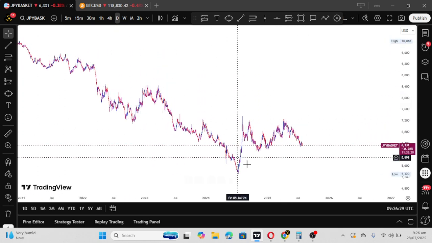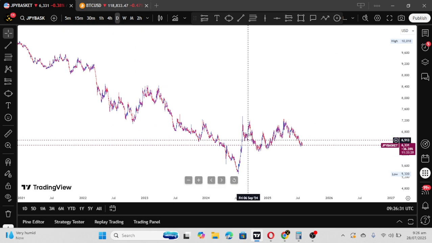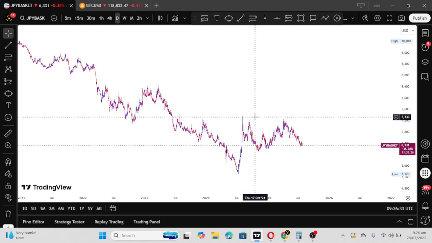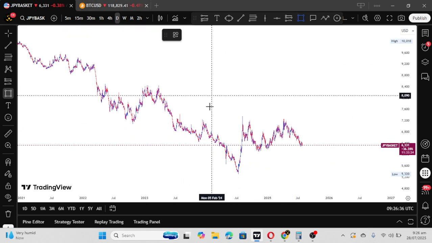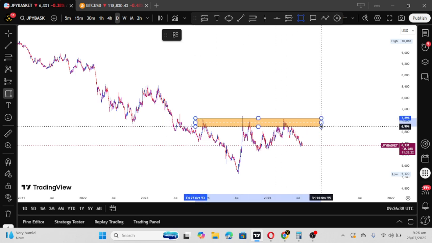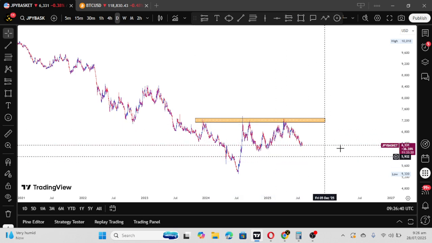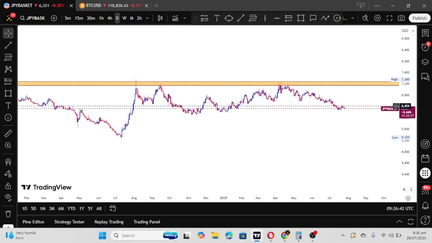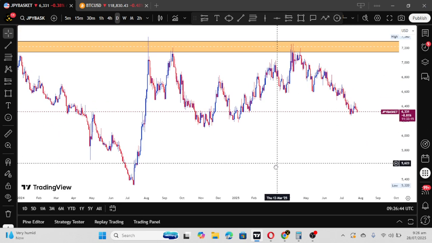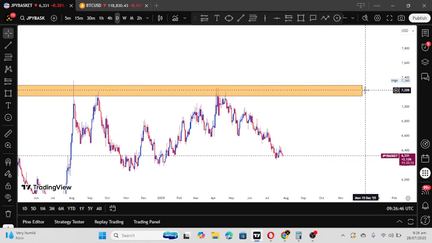You can see we have been downtrending from here. This is the daily time frame, and we see this uptrend here. We see this zone, a strong support resistance zone. That's the strong resistance zone.